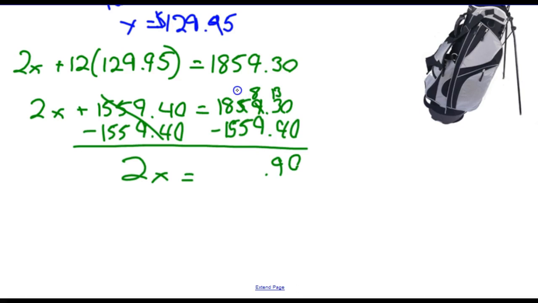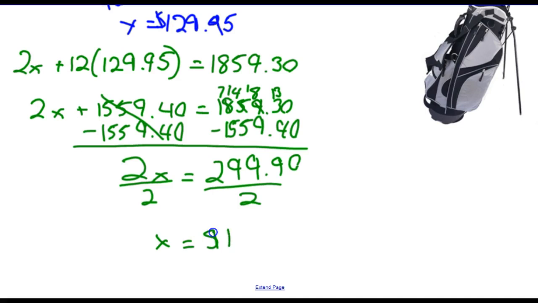This one we have to take 1 from the next one, that becomes 4, this becomes 18, 18 minus 9 gives us 9. This one we have to take 1 from the next one, that becomes 7, that becomes 14. 14 minus 5 gives us 9. 7 minus 5 gives us 2. And 1 minus 1 gives us 0. Lastly, we divide this by 2. X equals $149.95.